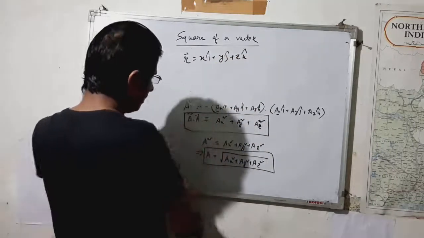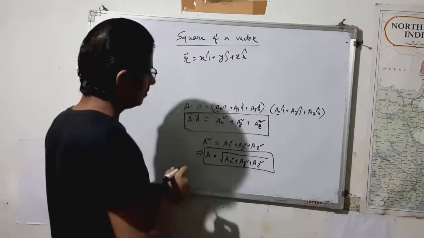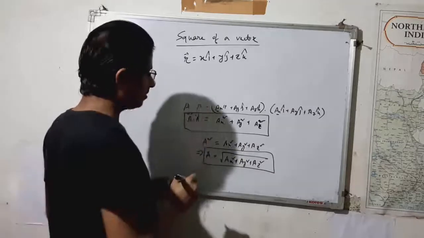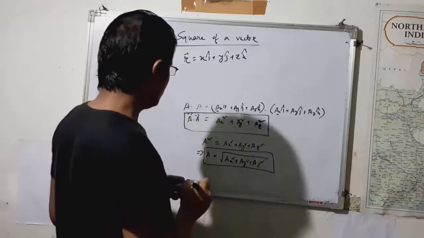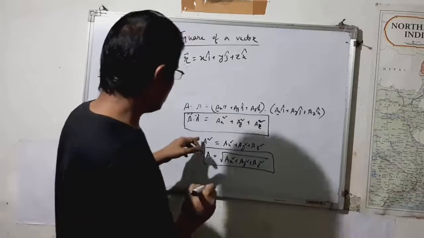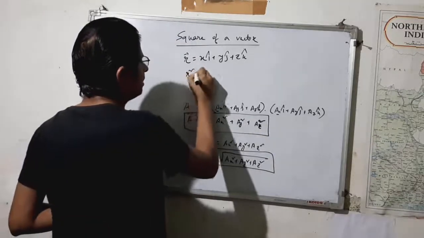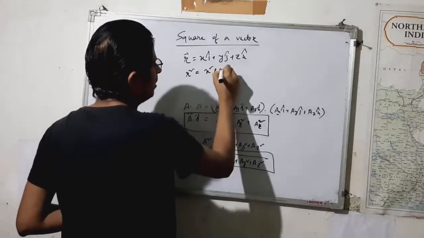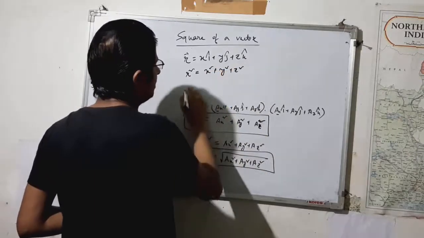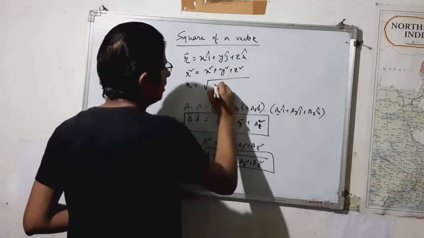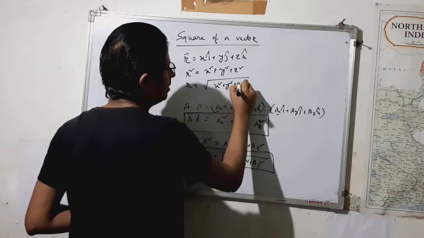So the square of the vector can be written as x square plus y square plus z square, and its magnitude r can be written as square root of x square plus y square plus z square.